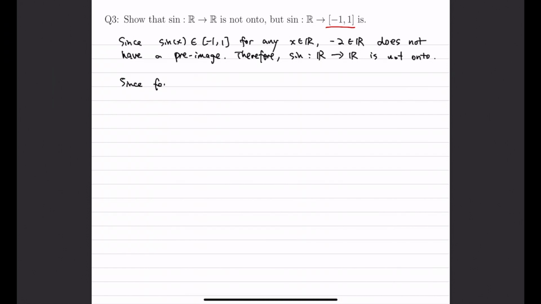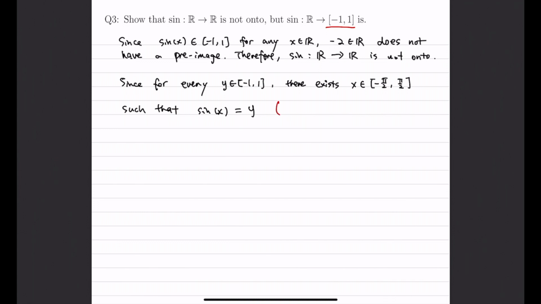Since for every y that is between -1 and 1, there exists x between -half pi to half pi such that sine of x is equal to y.